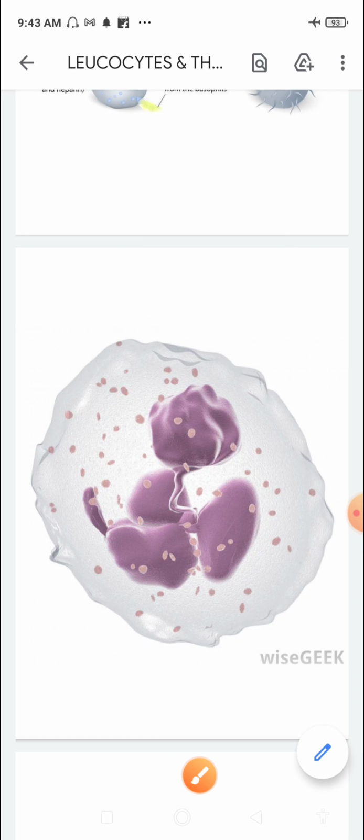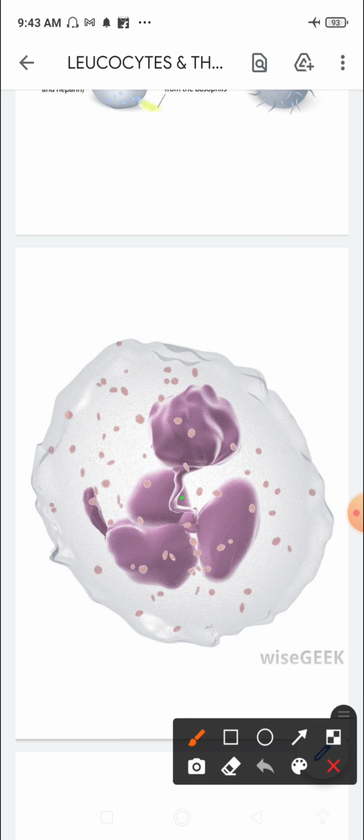These lobules are connected with thin strands, which are also a part of the nucleus, right? There are usually 5 lobules connected by fine strands of nuclear material. Even here in the neutrophil, you can see there are 5 lobules, all connected by fine strands of the nuclear material.